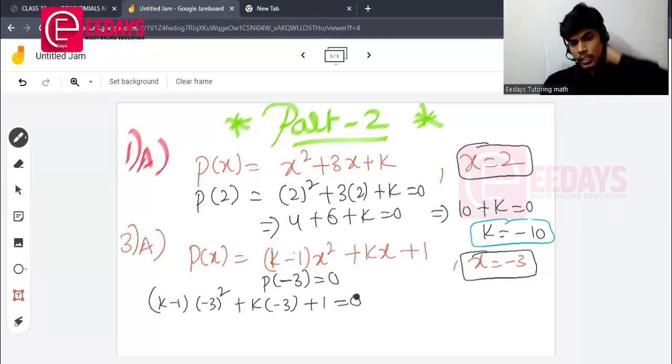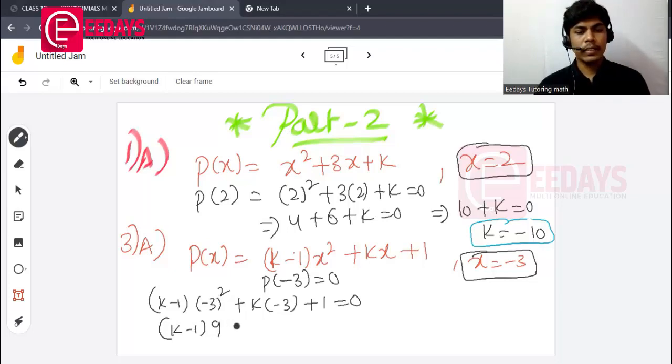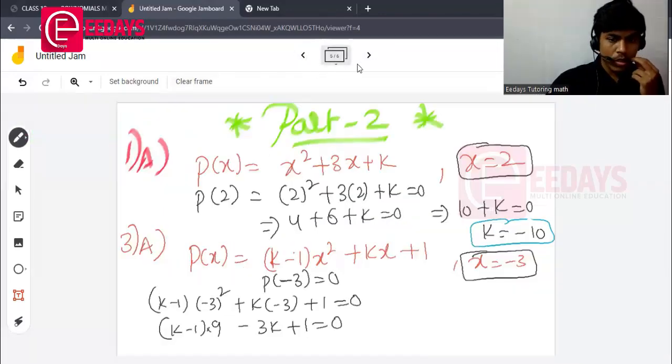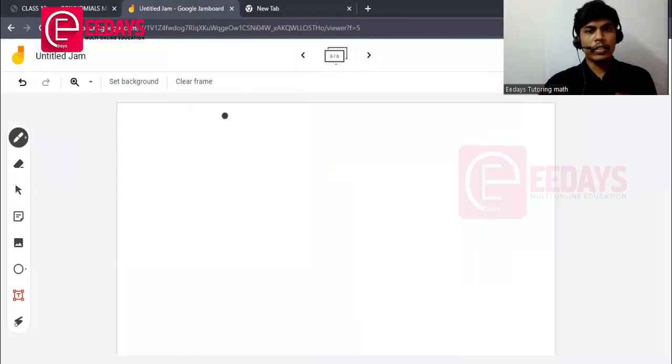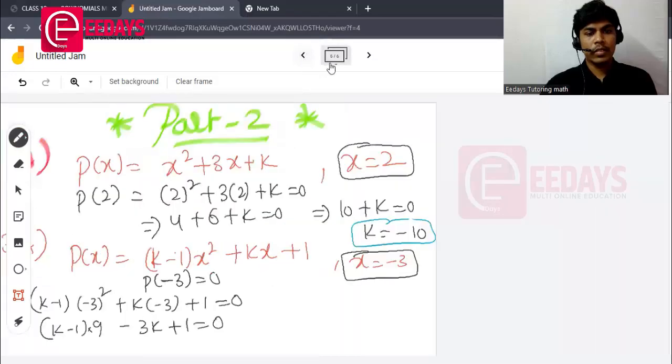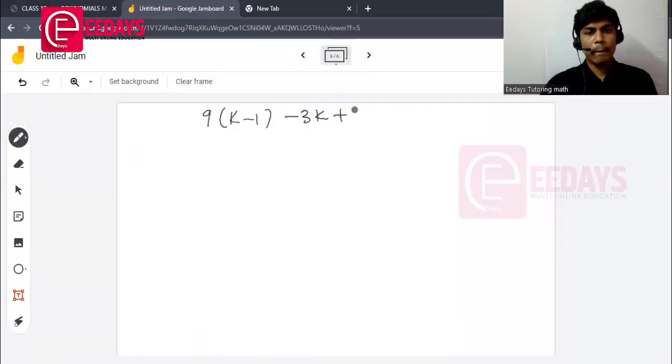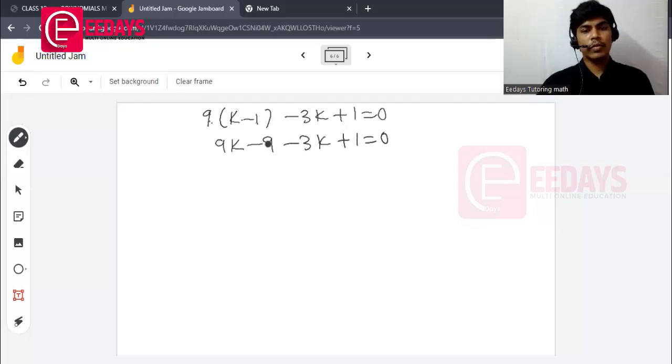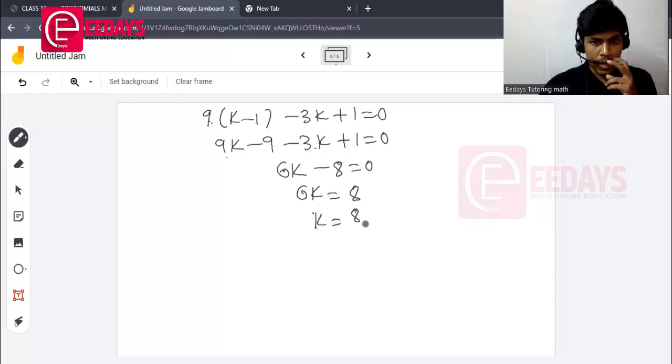You should be careful while doing the simplification part. -3 whole square is nothing but 9, so 9 into k minus 1, minus 3k plus 1 is equal to 0. 9k, 9 into 1 minus 9, minus 3k plus 1 is equal to 0. 9k minus 3k is 6k, minus 9 plus 1 we get minus 8. 6k is equal to 8, k is equal to 8 by 6.